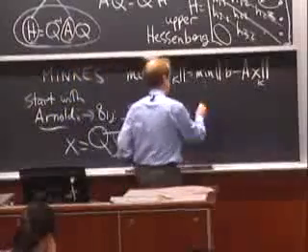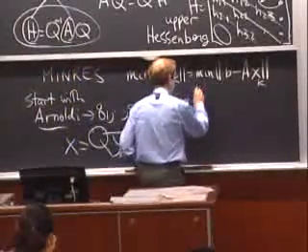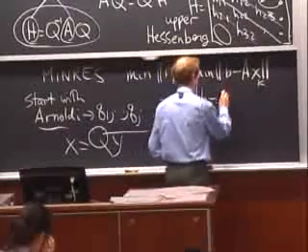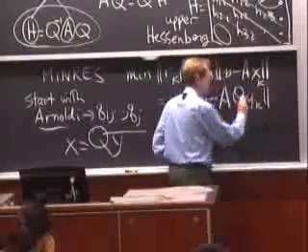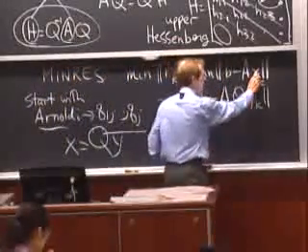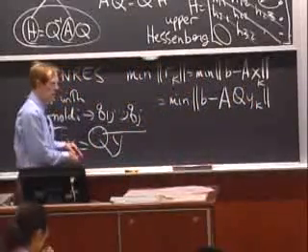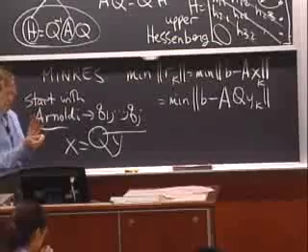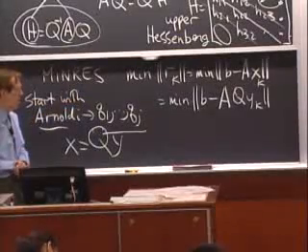So I would naturally write this as the minimum of b minus A Q y k. Same problem. I'm just deciding, okay, I'm going to find this x as a combination of the q's because those q's are orthogonal, and that will make this calculation a lot nicer.